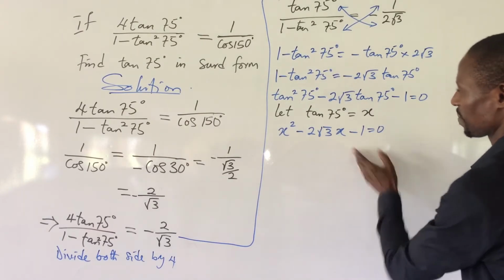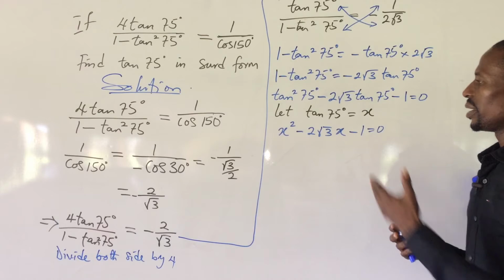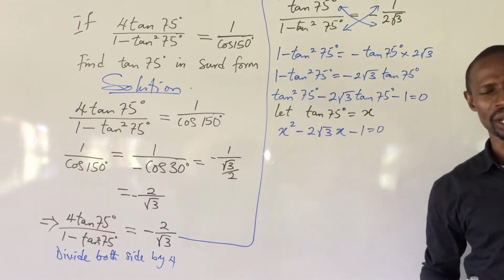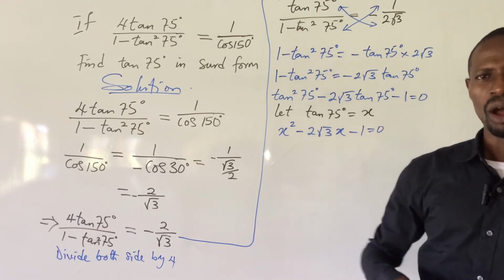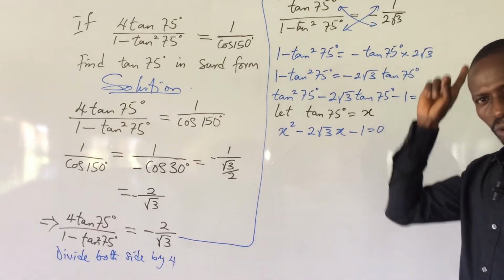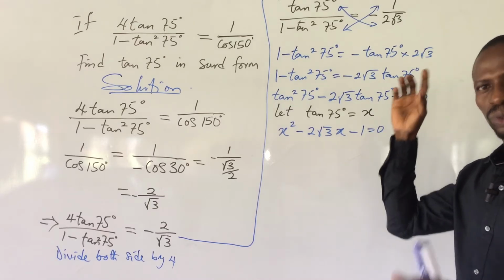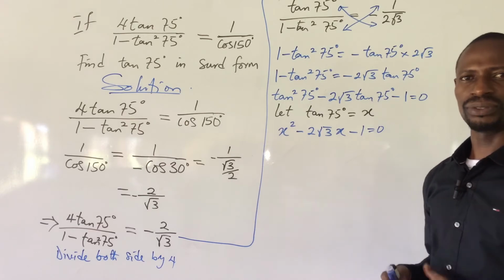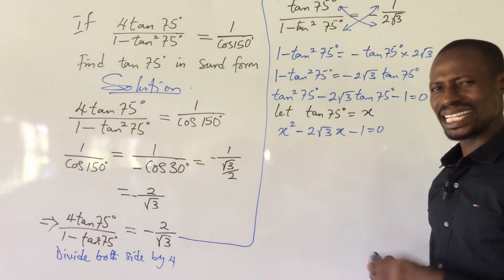Now that we have this, let's quickly go into factorizing this or solving this using the quadratic formula. There is a video I have produced on how to derive the quadratic formula. It's up here, showing here. You can watch this video to know how to derive this quadratic formula in case you forgot the formula in an exam hall.